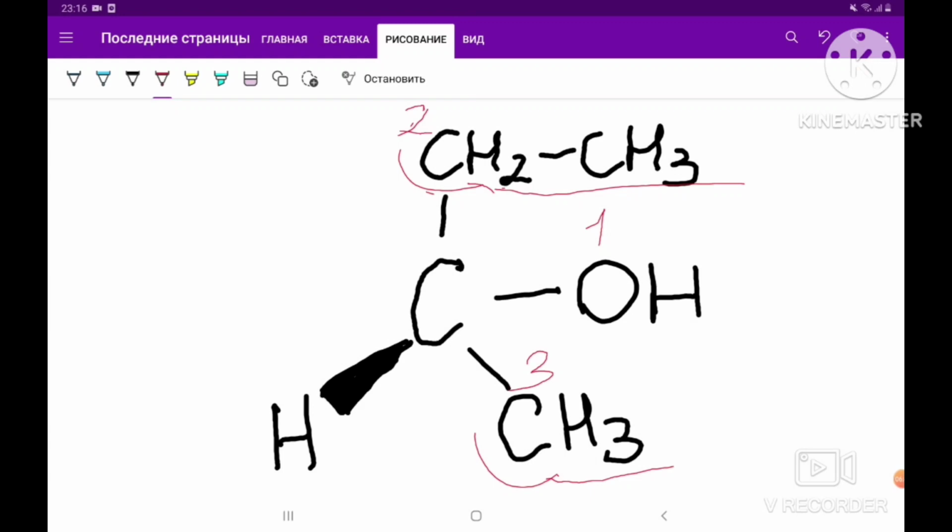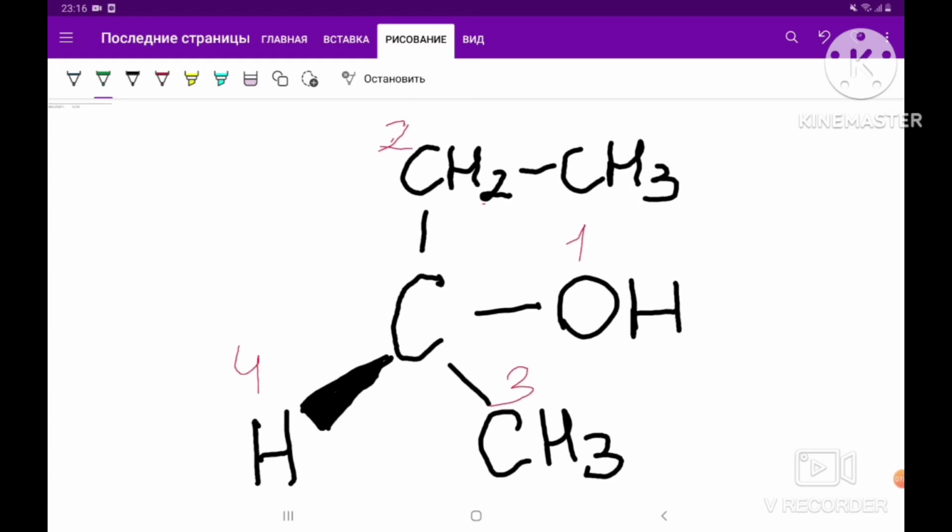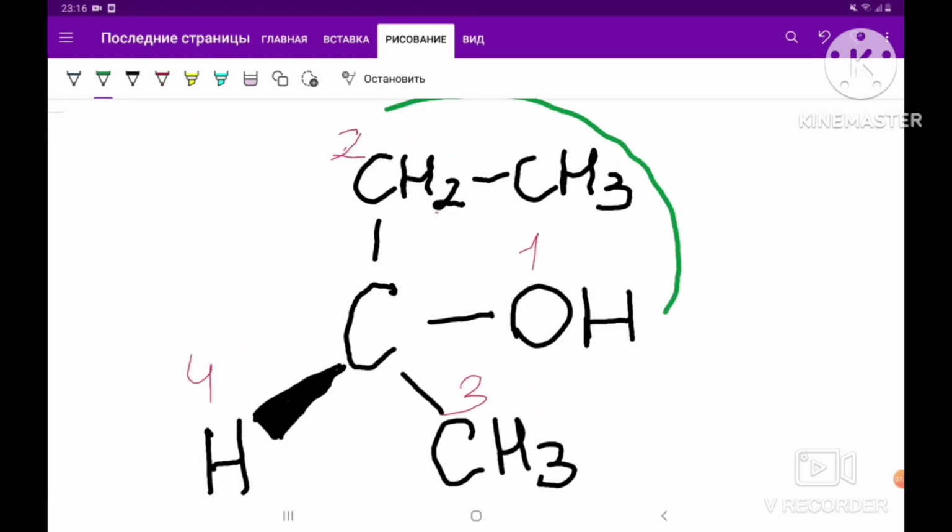You will see that this radical, the first one, is bigger, so it will be 2. The other carbon, with the smaller chain, will be 3. Hydrogen, as usual, will be 4. Let's now draw the direction from 1, 2, to 4, and we see that it will be counterclockwise, to the left.